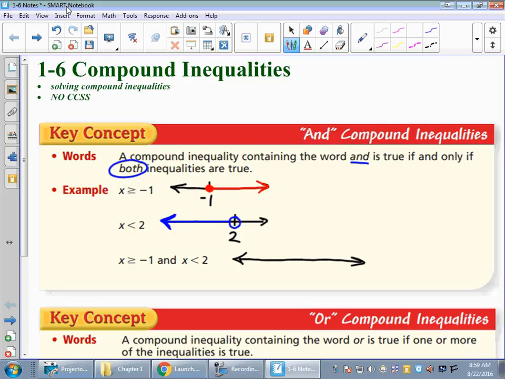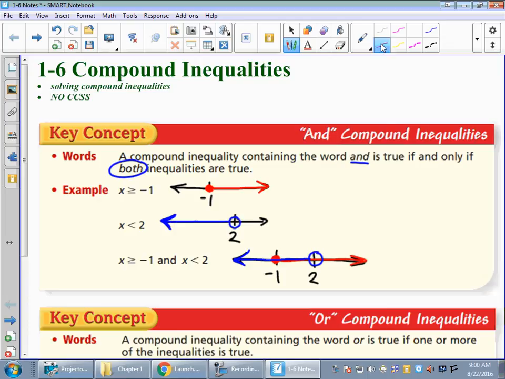And so if I put them on the same number line, the solutions where there would be overlap is right in the middle there. So you would have a closed circle at -1 and to the right, an open circle at +2 and to the left, and where the two values overlapped is in between.